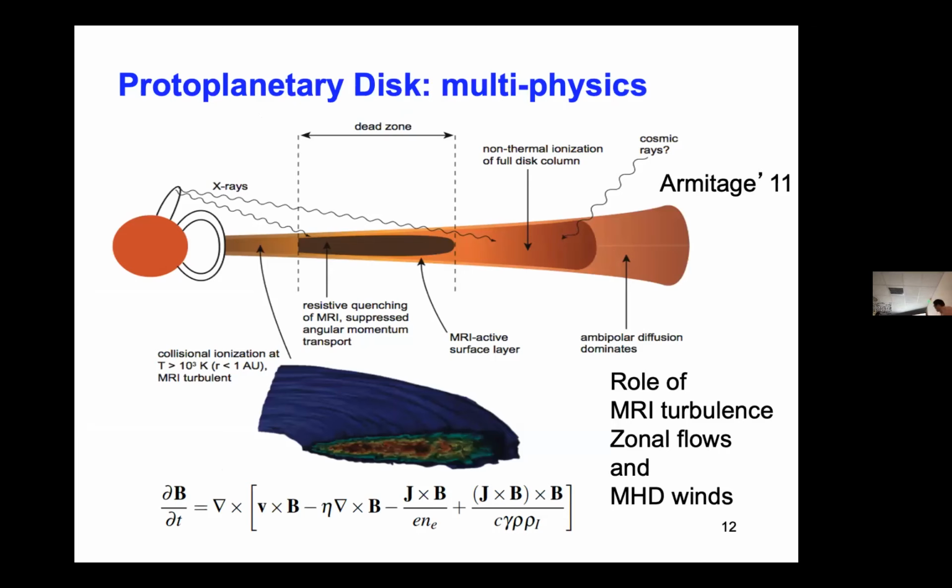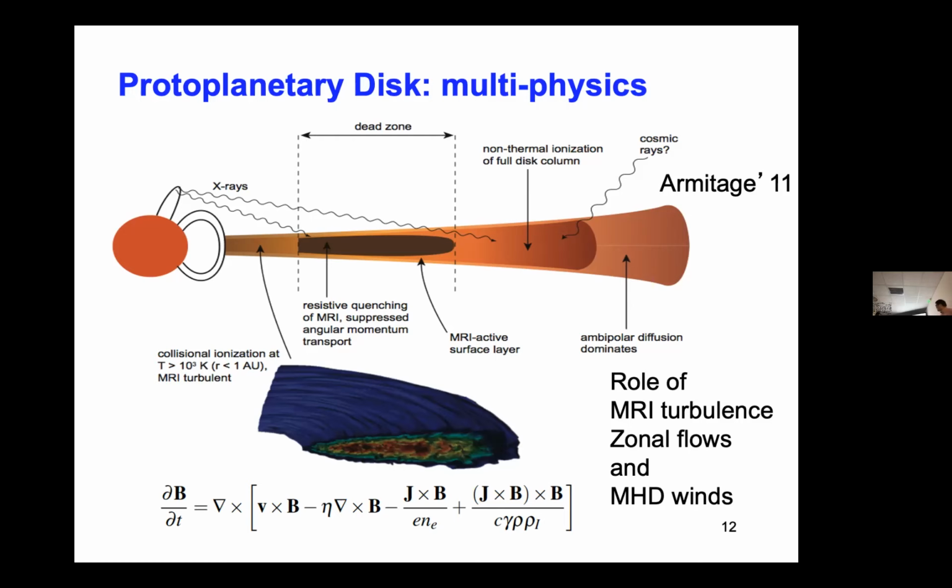It's a very complicated system from the multi-physics standpoint, because, as I mentioned, you have this young forming star emitting optical, X-ray, and infrared, and then you have a gas and dust disk surrounding it. It's being heated. Irradiation heating is the main way of heating the outer parts of the disk. And when you have accretion going on, you can viscously release gravitational energy that also heats the disk.